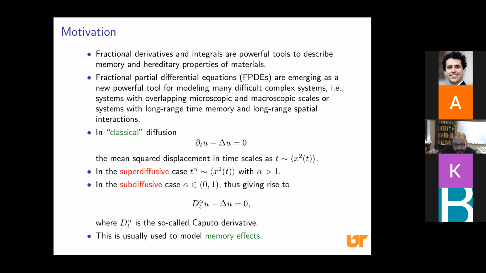I will define it later, but just think of something that resembles a derivative of order between 0 and 1. Equations of this form are usually used to model memory effects, as we will see from the definition of this Caputo derivative.